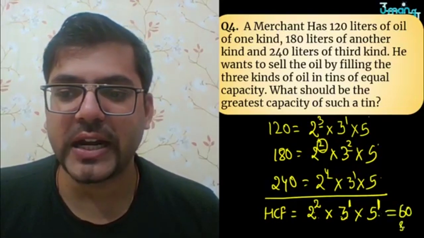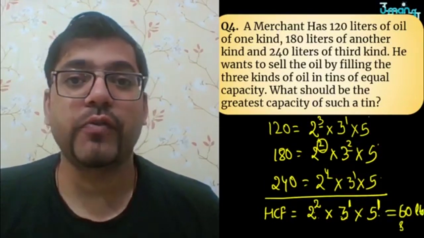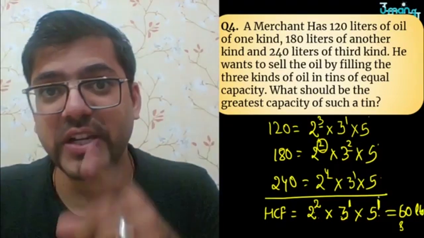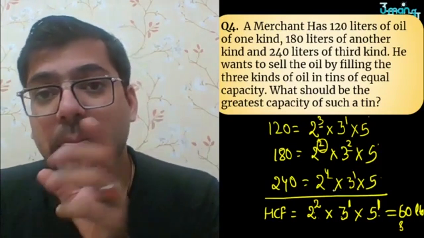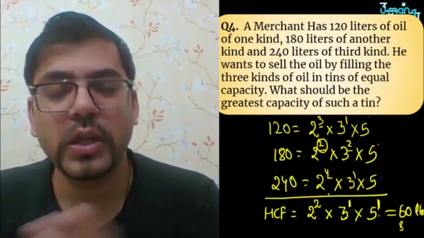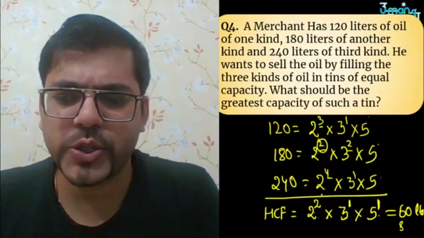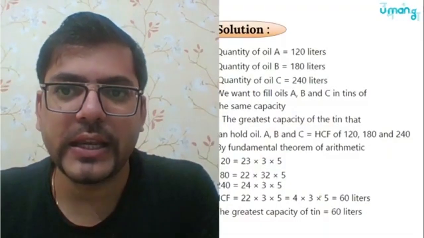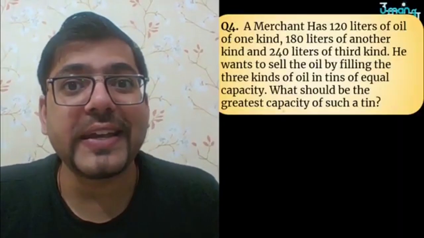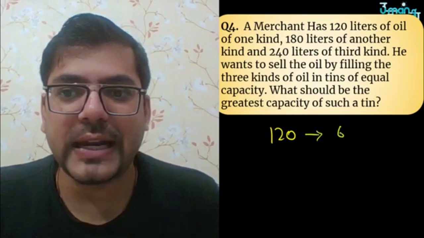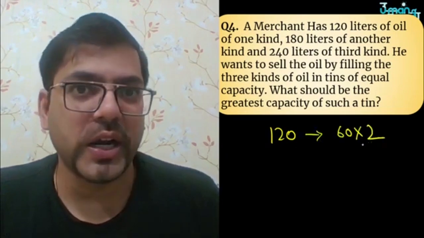Means a 60-liter container would be the highest possible container which this merchant can buy to sell his petrol, diesel, and jet fuel in equal quantities in the container. I hope you understood. For example, 120 liters of petrol he can sell in 60-liter containers, two containers.